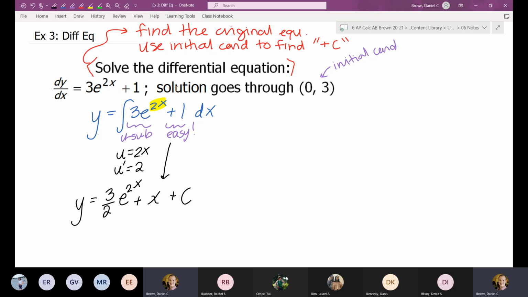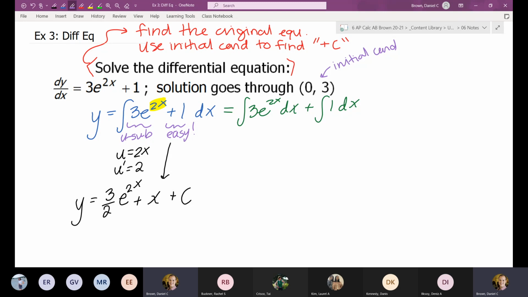Technically how I'm thinking about this integral is that first term requires u sub because it's e to the 2x. That second term is almost like its own integral, not requiring u sub. And that's why we only want the 1/2 to apply to that first term. Oh, okay, thank you. You're welcome.